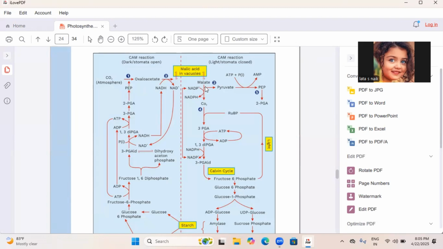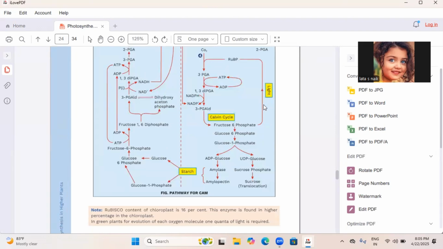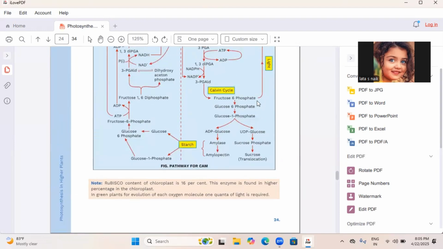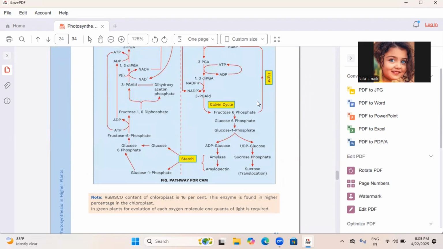Here you can see how the energy is reduced. Malate and pyruvate form a two carbon compound. The rubisco content of the chloroplast is 16%. This enzyme is found in higher percentage in the chloroplast. In green plants, for evolution of each oxygen molecule, 1 quanta of light is required.